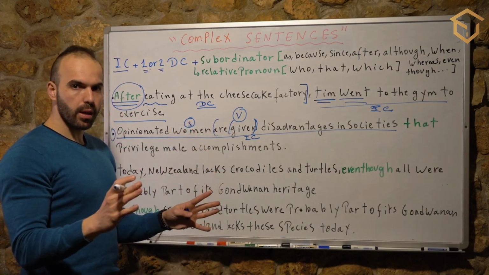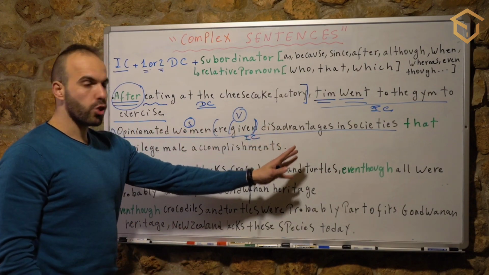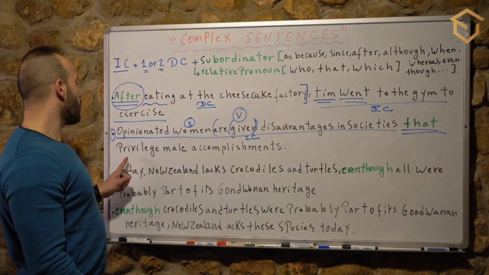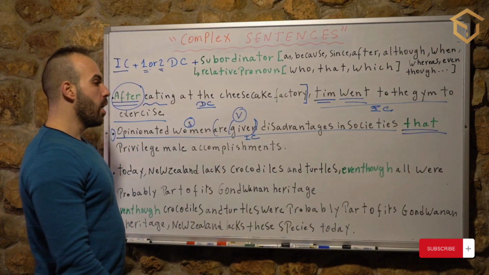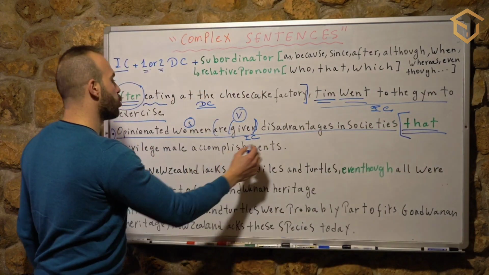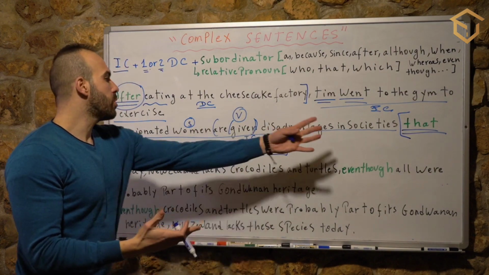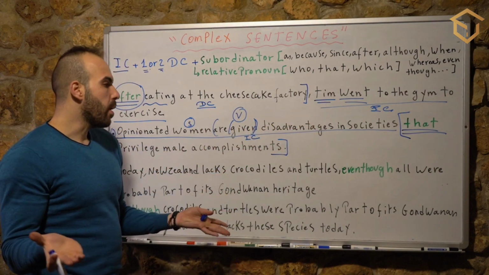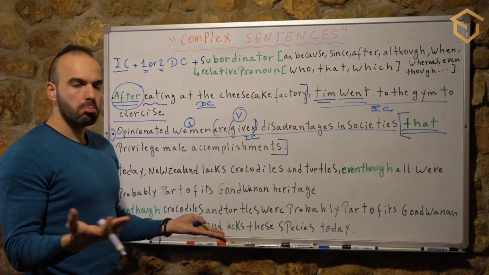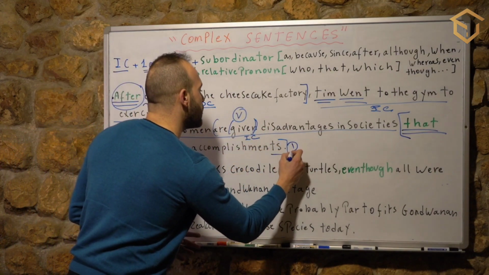It has a meaning. If we take the other half of the sentence, "that privilege male accomplishment," would it make sense to use this alone? No, it doesn't have a meaning. What is the subject? There's no subject in this one. So it's definitely a dependent clause.